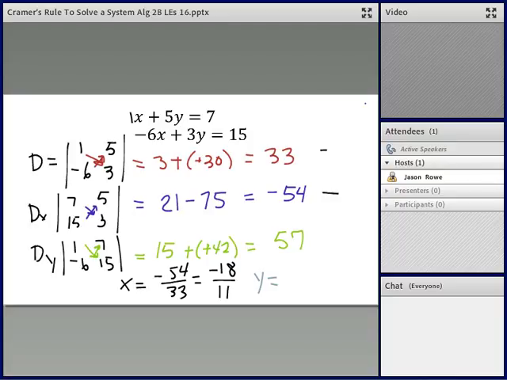Y is going to equal dy over d. So we're going to go 57 over 33. Yep, those are both divisible by 3. So that's going to give me 19 over 11. That's my final answer.